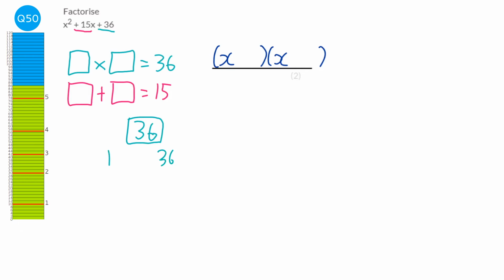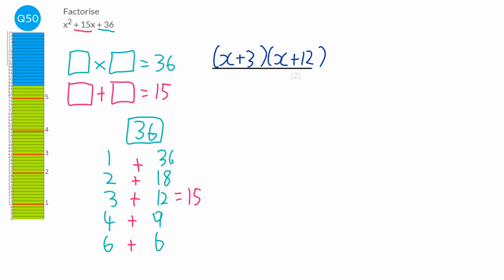So 1 and 36, 2 and 18, 3 and 12, 4 and 9, and 6 and 6. And we're looking for which ones of those add together to make 15. And we can see here it's going to be 3 and 12 add together to make 15. So our 2 numbers are going to be plus 3 and plus 12, or the other way around.